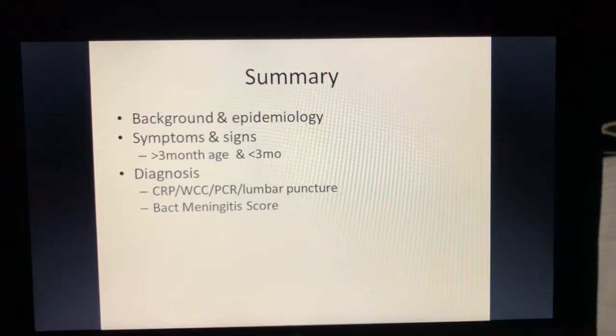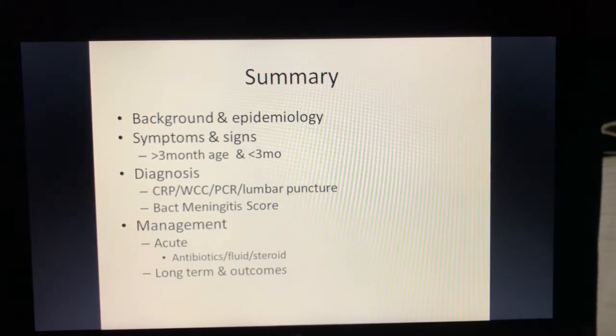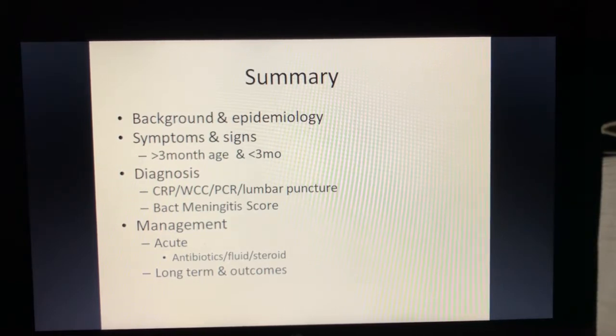Having had a look at the diagnostic values of these tests, perhaps we understand the importance of doing a lumbar puncture as something that's near a gold standard. And when it comes to treatment, the choice of antibiotic, there's still the unresolved controversy around steroids, and the outcomes determine something about our long-term management.